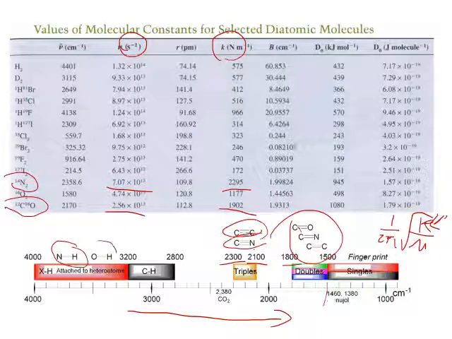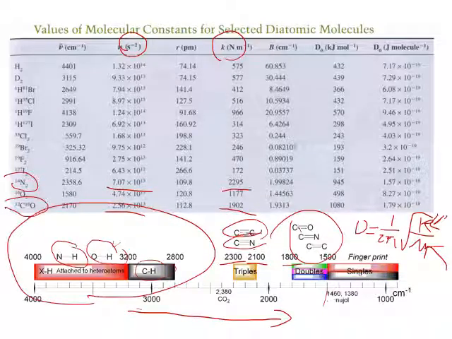Now, whenever you have a bond involving hydrogen, for example a nitrogen-hydrogen bond, oxygen-hydrogen bond, or carbon-hydrogen bond, the reduced mass becomes very small because of the hydrogen. And if you have a small reduced mass, the frequency is also high. Therefore, any bonds involving hydrogen will have vibration frequency above 2,800.